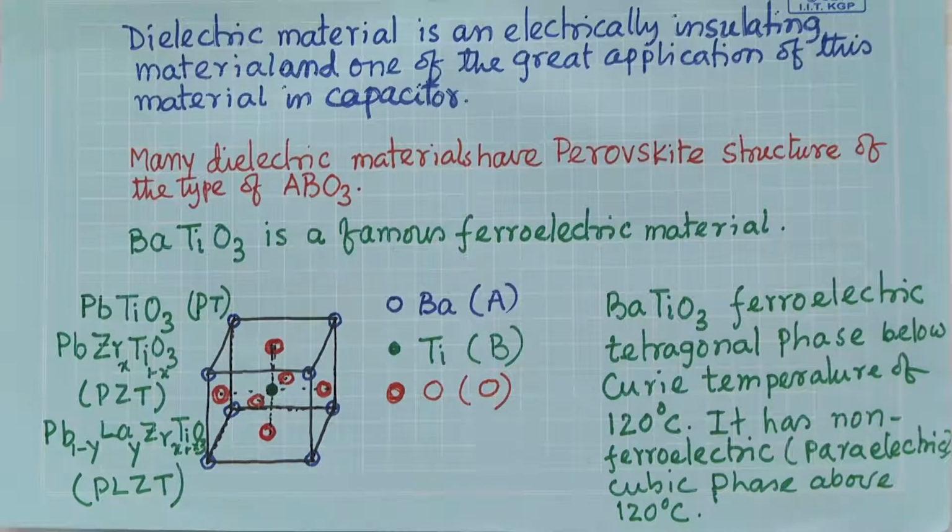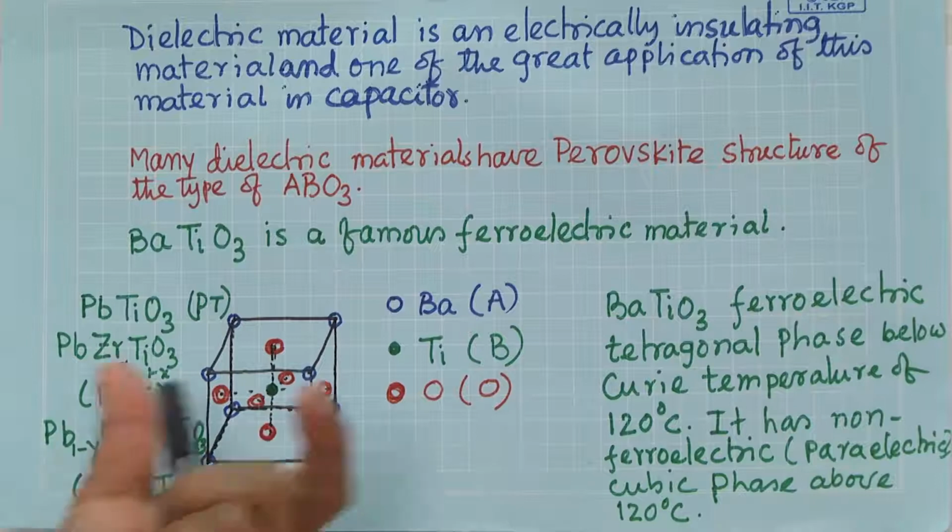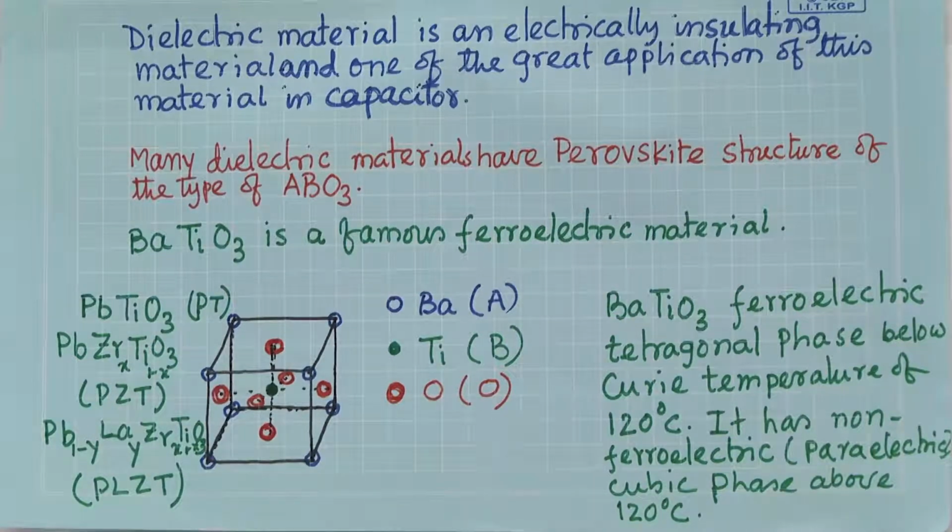There is a difference in distance between the two, and that forms the dipole moment. That is the reason for the ferroelectric property.